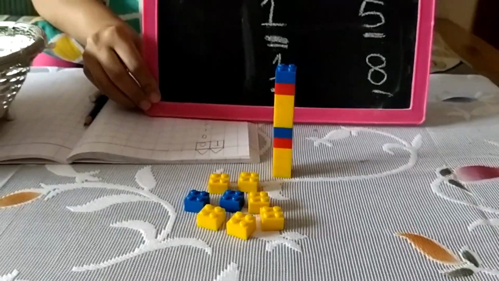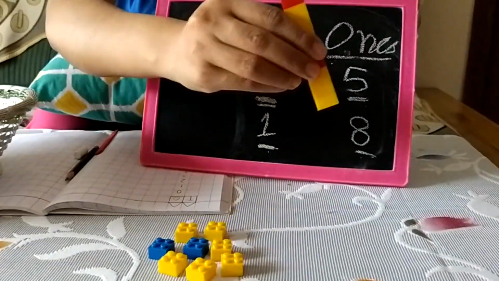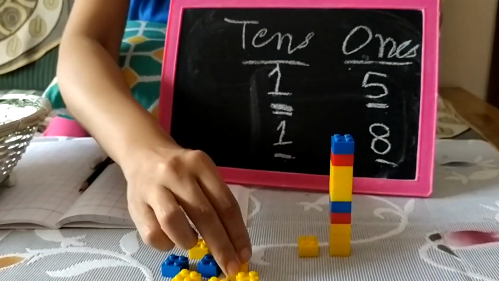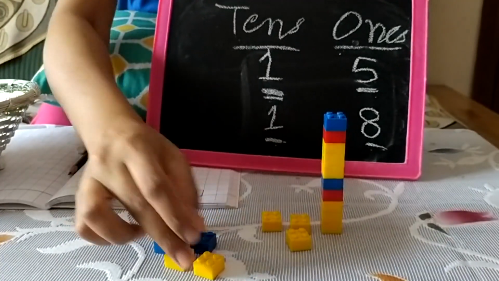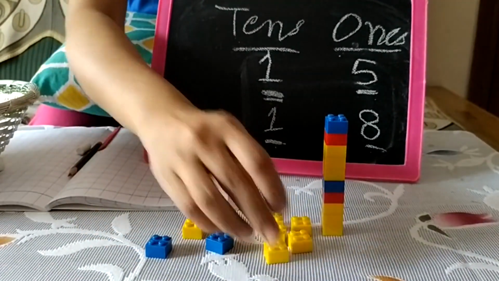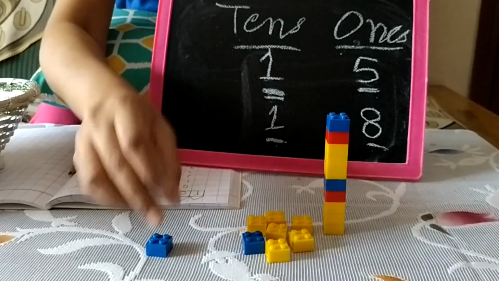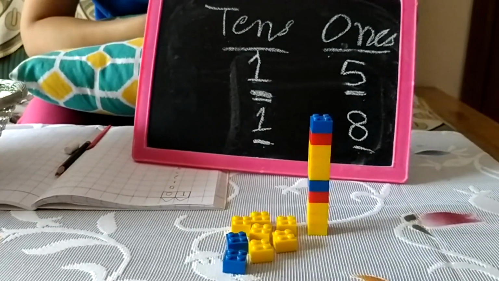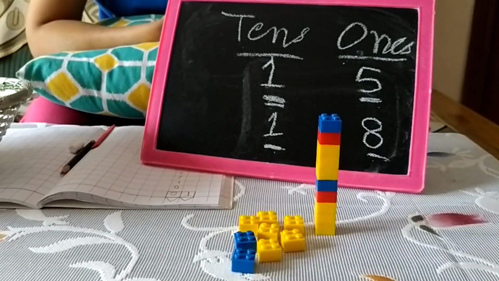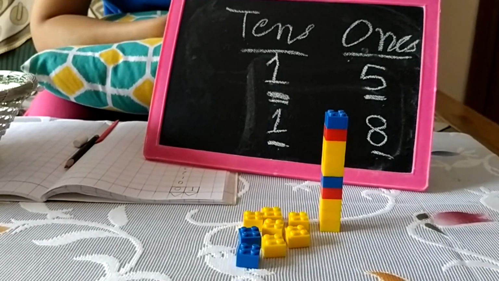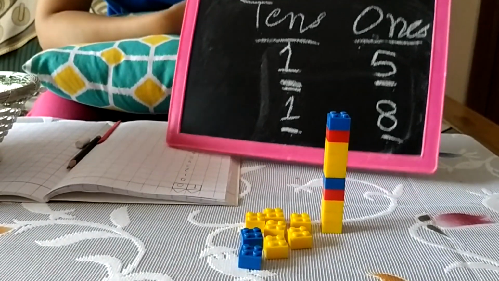This will make it 18, right? 10, 11, 12, 13, 14, 15, 16, 17 and 18. Now I have 18 objects, I have 18 blocks, right?